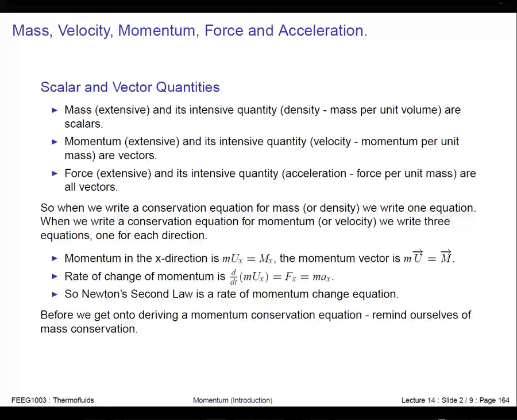So when we write an equation for momentum, we actually have to write 3 equations: one for x direction momentum conservation, one for the y, and one for the z. This is why we did mass conservation to start with, to give us a handle on what we're trying to do, to get momentum conservation understood.